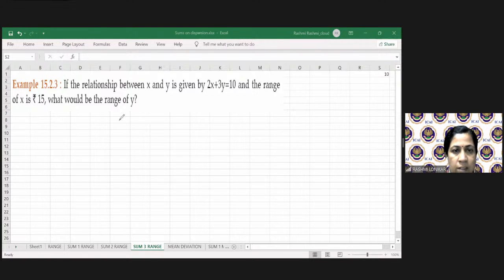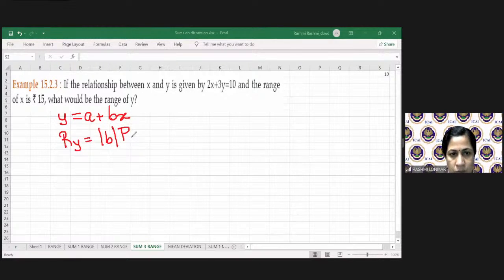See, what is the theory saying? Theory is saying that if y is equal to a plus bx, so there is a change of origin and scale, then range of y will be equal to absolute value of b into range of x.